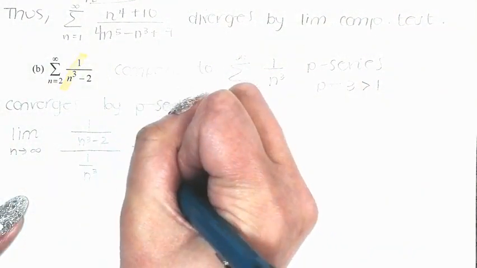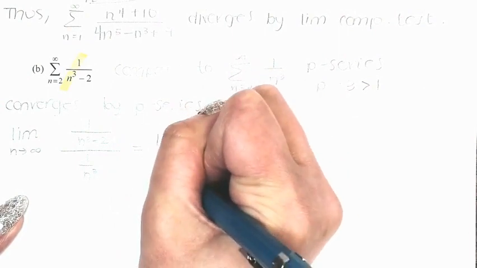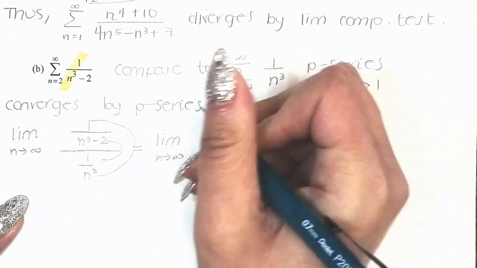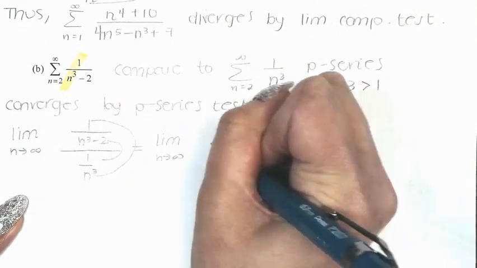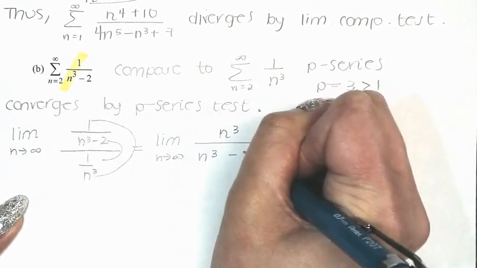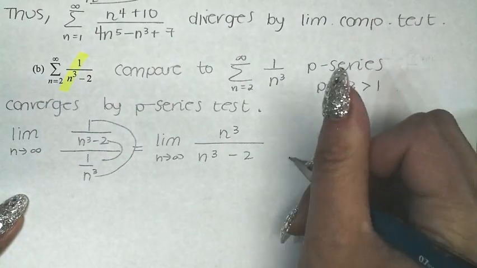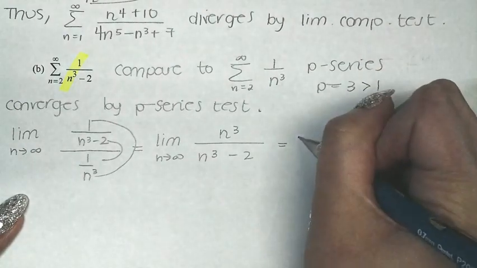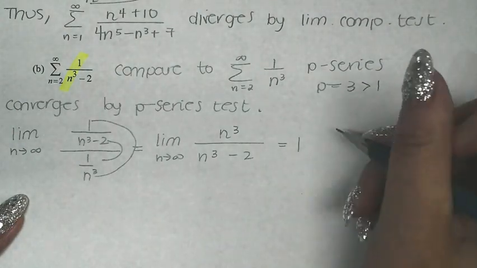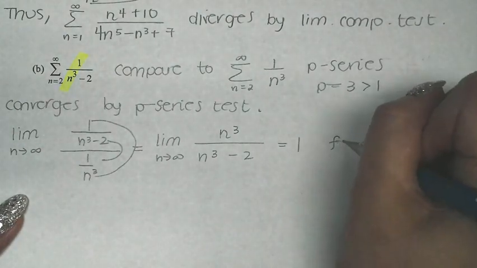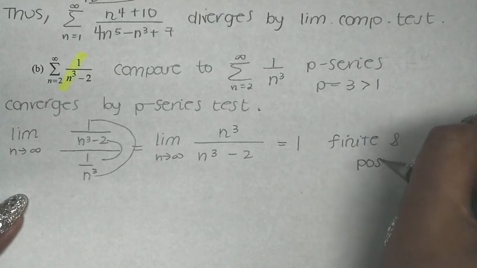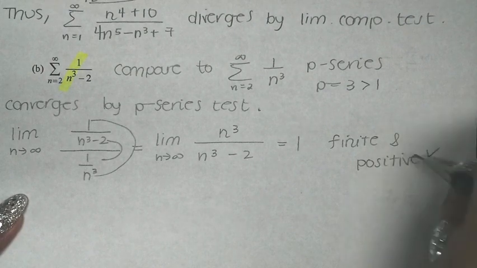You use your sandwich again: multiply the extremes and multiply the insides, so you have n power 3 divided by n power 3 minus 2. Again the exponents are the same, therefore you have 1 as your limit. You know that 1 is finite, and it's also a beautiful positive number, which is great.